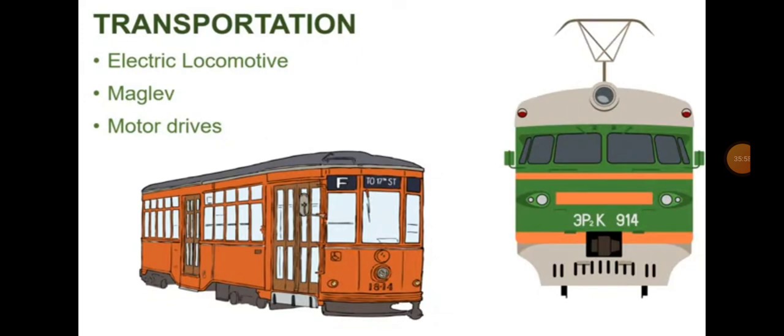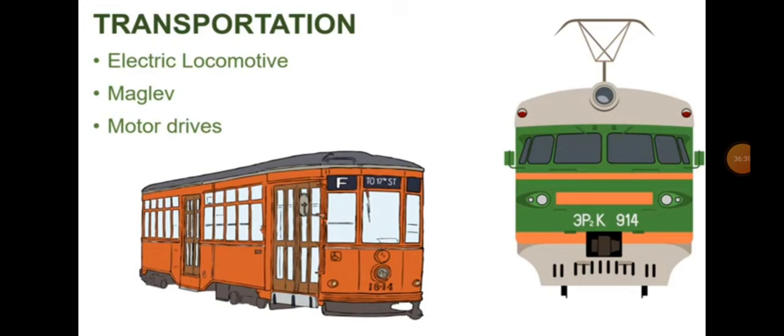In the transportation industry, power electronics has applications in electric locomotives, maglev systems, and motor drive systems. In locomotives, power electronic converters are used for driving the motors fitted at the axle of the locomotive. These motors need to produce a huge amount of torque for driving the entire train.